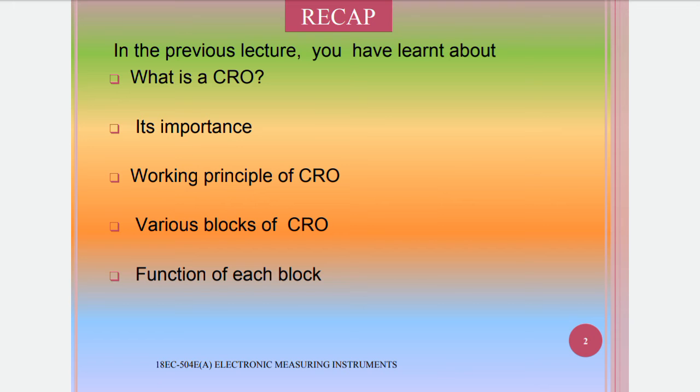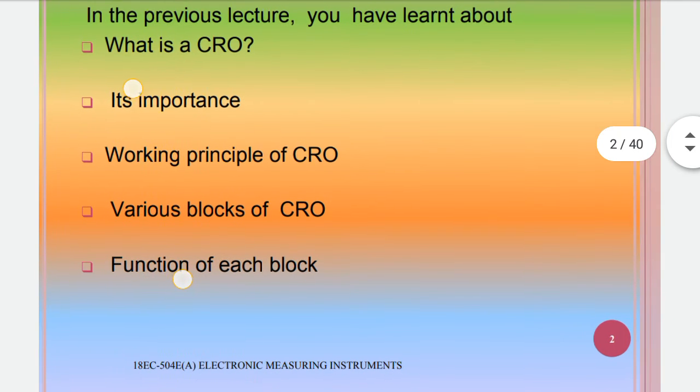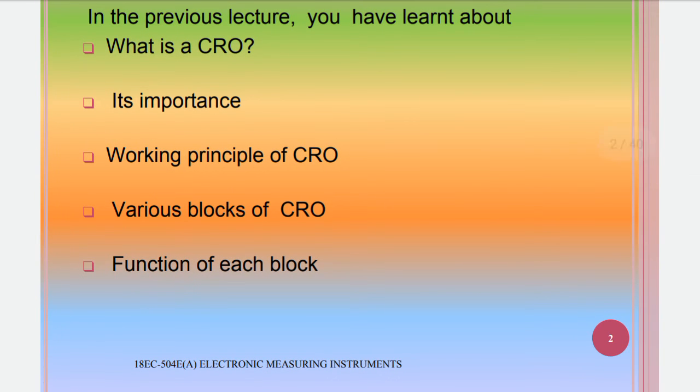And also we can measure the pulse parameters, that is rise time, fall time, and duty cycle. And also we can test the component whether it is working or not by using the CRO.